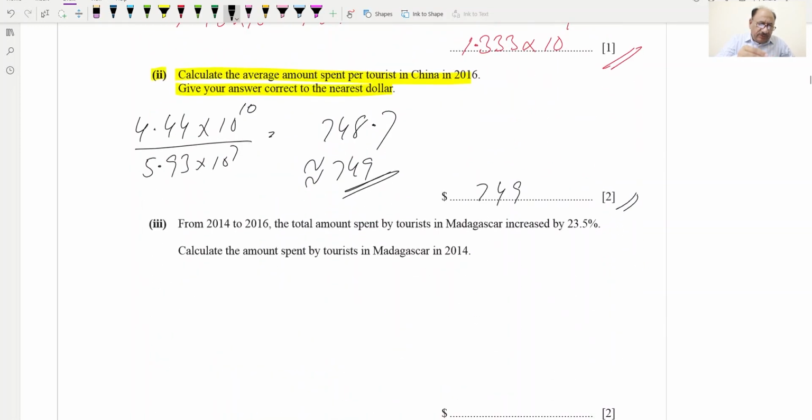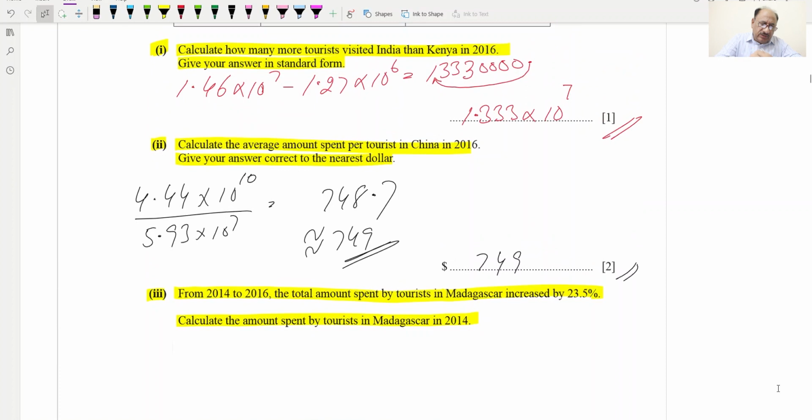Now for part 3, from 2014 to 2016, the total amount spent by tourists in Madagascar increased by 23.5%. Calculate the amount spent by tourists in Madagascar in 2014. So this is a reverse percentage question. Suppose in 2014 the amount spent was x.